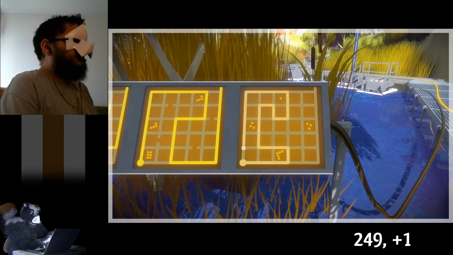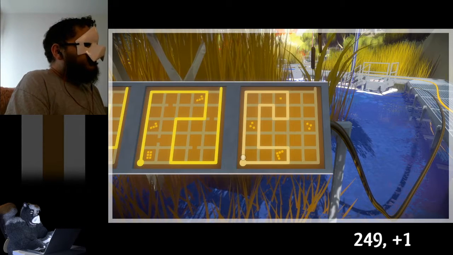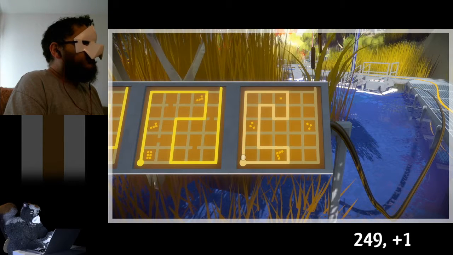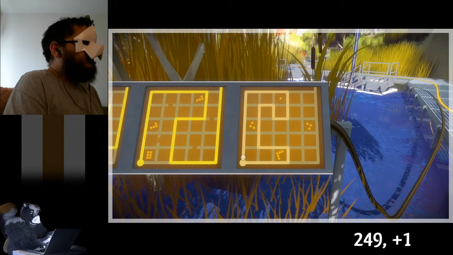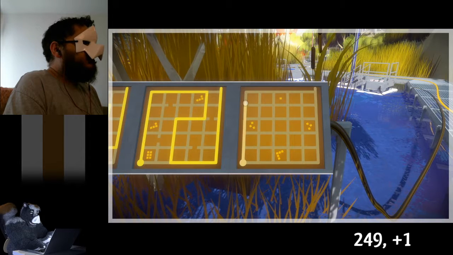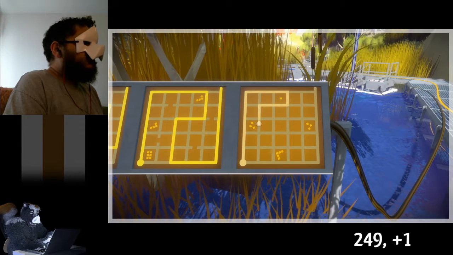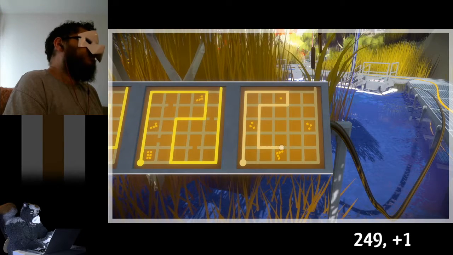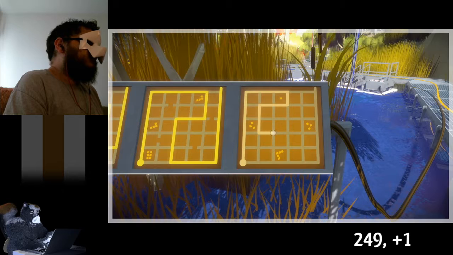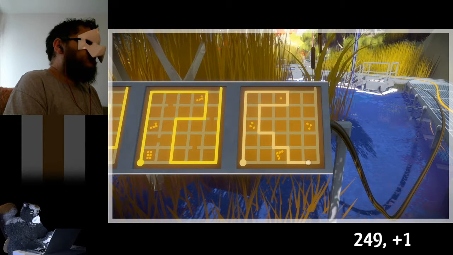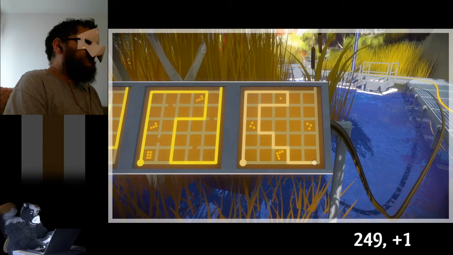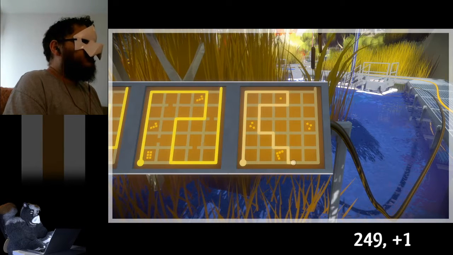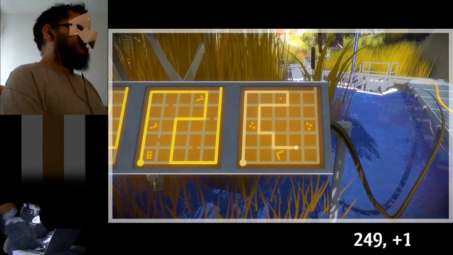Is that an appropriate shape? So that gives me the L block. Oh, it's got too many to fit in the. Okay, that fits the L block. Has one too many for that.